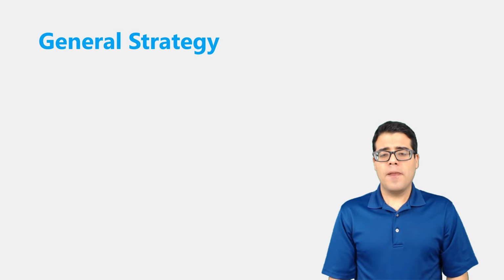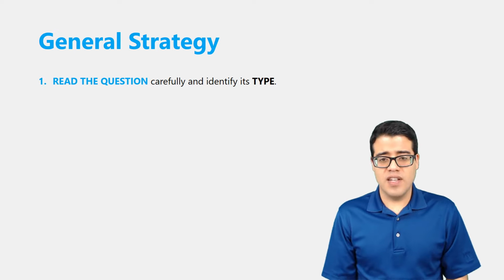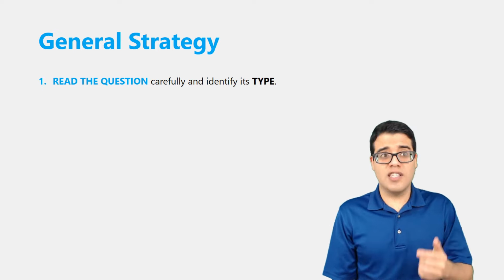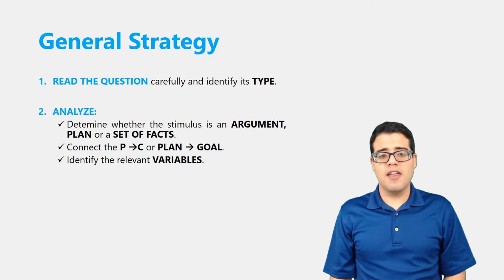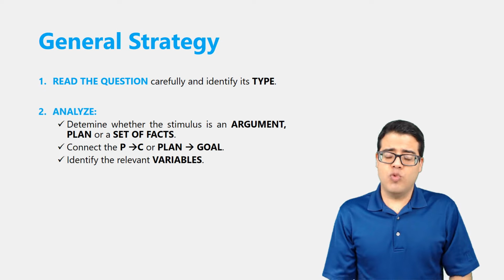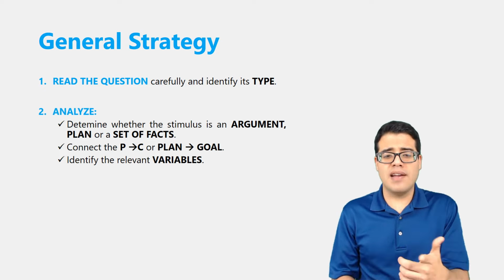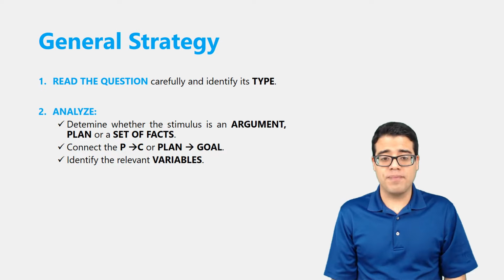So, the general strategy to attack any critical reasoning question begins with reading the question to know what type it is. Is it weaken? Is it support? Is it assumption? What is it? Then you will analyze the stimulus. And remember that the stimulus may contain an argument, a plan, or a set of facts.